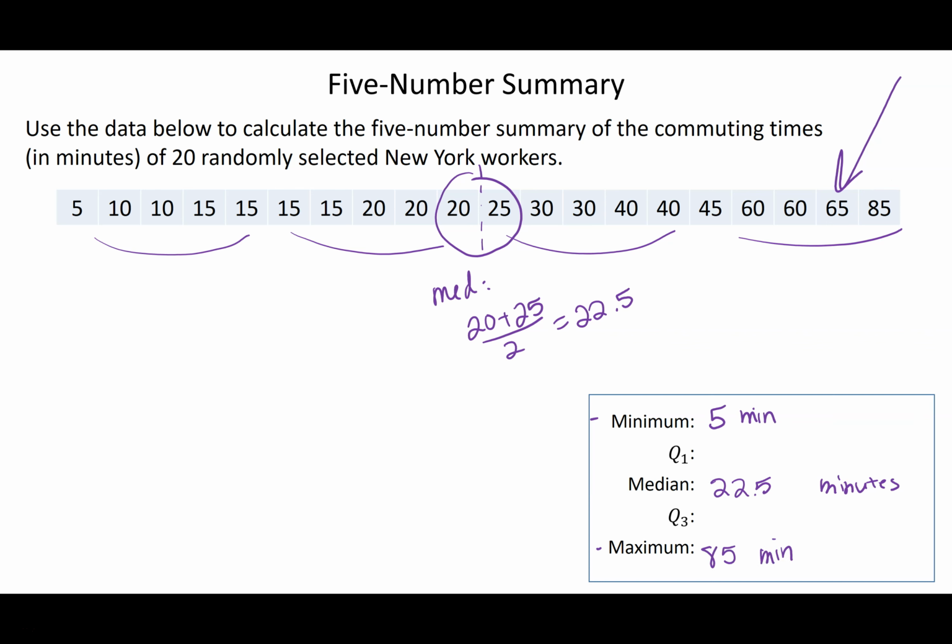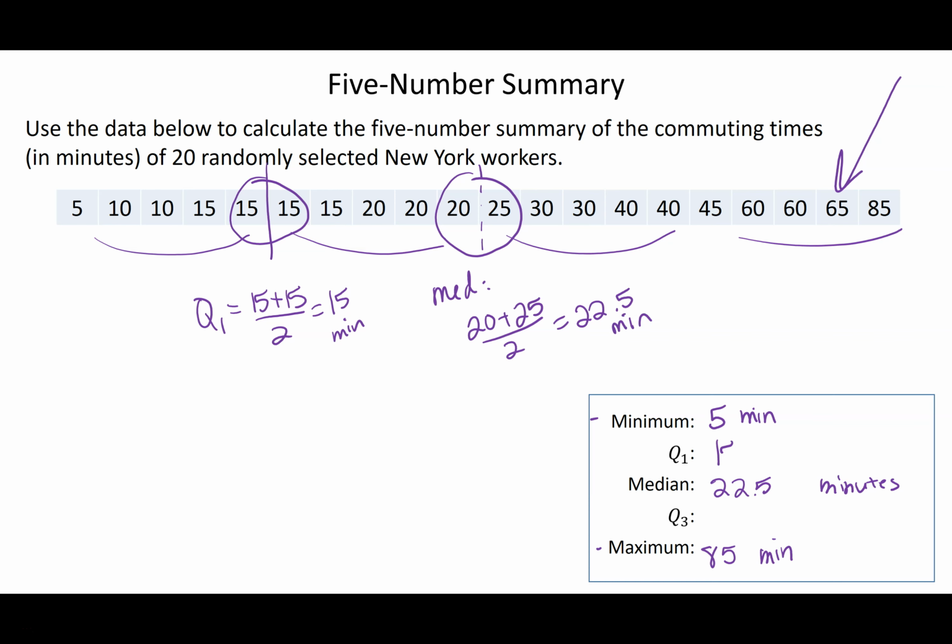Now to the quartiles. So I have 10 on each side. If I split that in half, I'm going to average 15 and 15, which I like, averaging one number with itself. It usually is pretty easy to calculate.